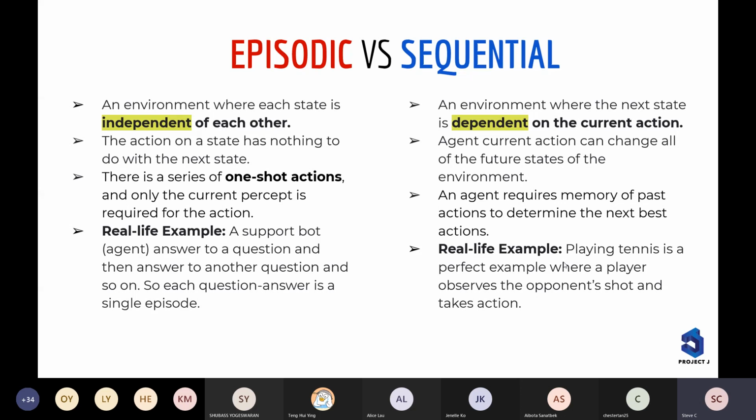If you have played badminton or tennis before, say the opponent hits a high arc ball, you have the choice to either smash the ball or do a trick shot. Basically, what you're doing is observing your opponent's shot, and then you decide the next action that you want to take. So this is what a sequential environment means.